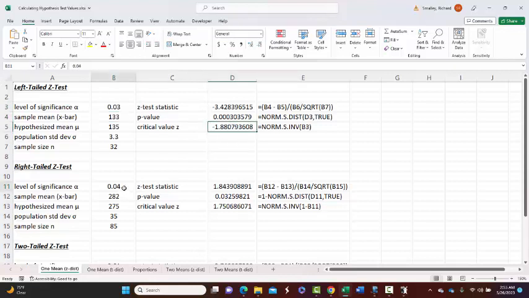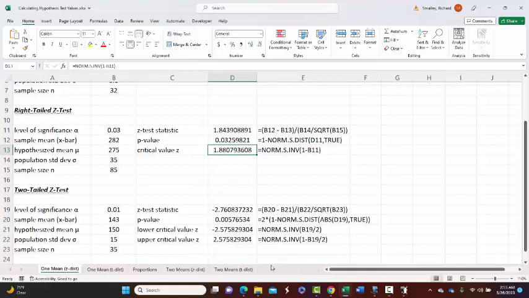I put in 0.03 here. There's the critical value, positive 1.88. I don't know why I did it that way in the notes. That's okay. It's obviously correct. But see, to get the critical value, whether it's left-tailed, right-tailed, or two-tailed, just tell it the level of significance, and it'll give you the critical value right here. That'd probably be quicker. And then put in 0.03.